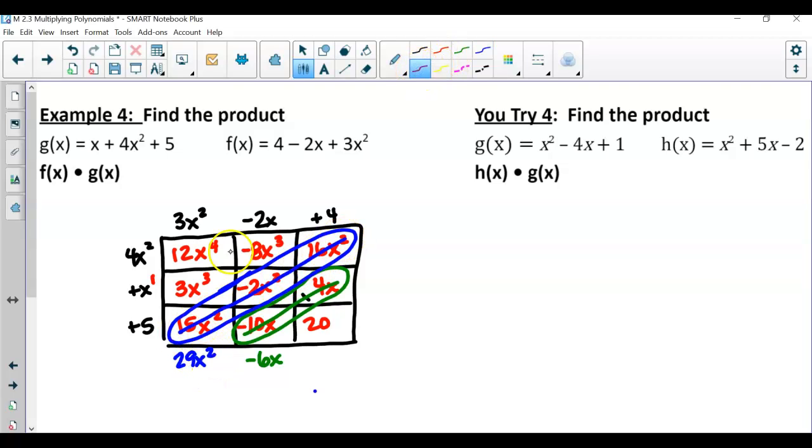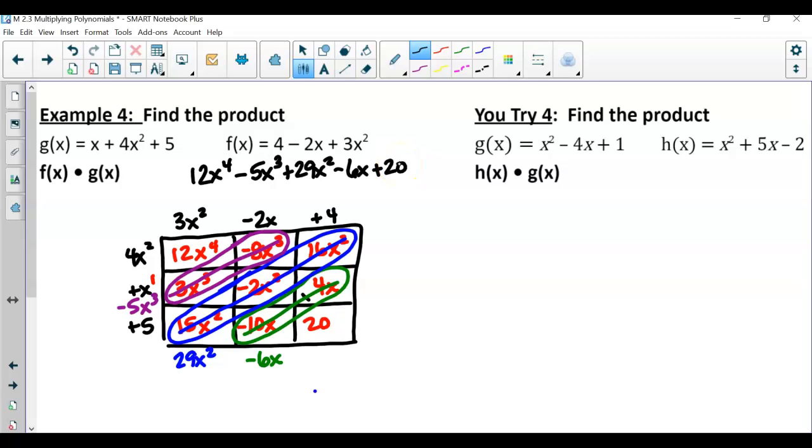Then we also have x cubed. I have negative 8 plus 3, negative 5x cubed. So final answer, 12x to the 4th, but now minus 5x cubed plus 29x squared minus 6x plus 20.